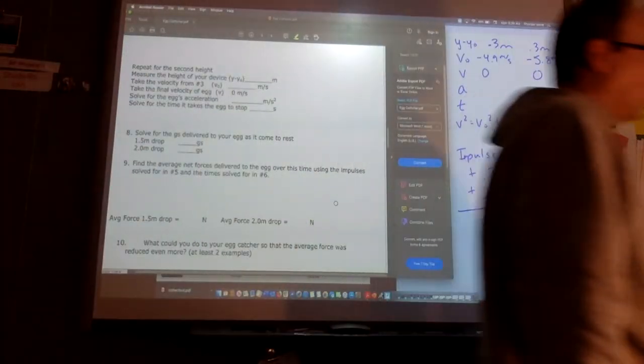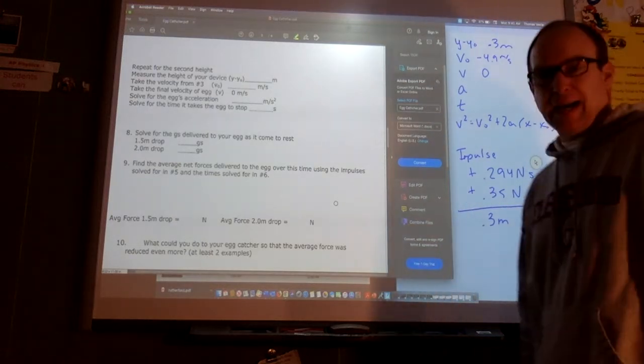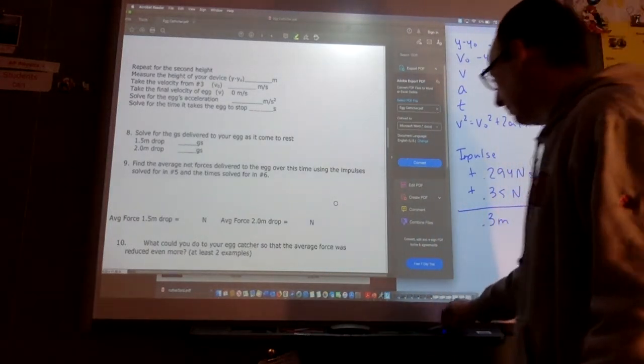So I'm going to write those down so I have my impulses, because I don't trust myself to remember that. So I have 0.294 and 0.35. So we'll need that to calculate our average force. And I'm assuming that this is a constant acceleration. It's probably a pretty big assumption.